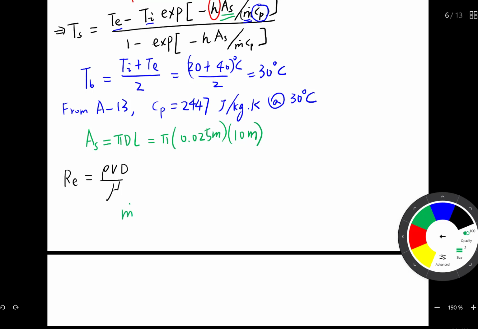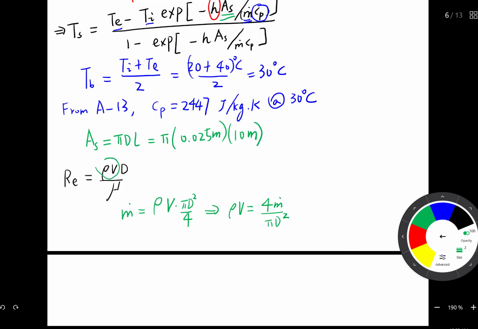Yes, mass flow rate, we know, is density multiplied by volumetric flow rate. Volumetric flow rate is velocity multiplied by cross-sectional area. So from here, density multiplied by velocity is 4 times the mass flow rate divided by pi d squared.